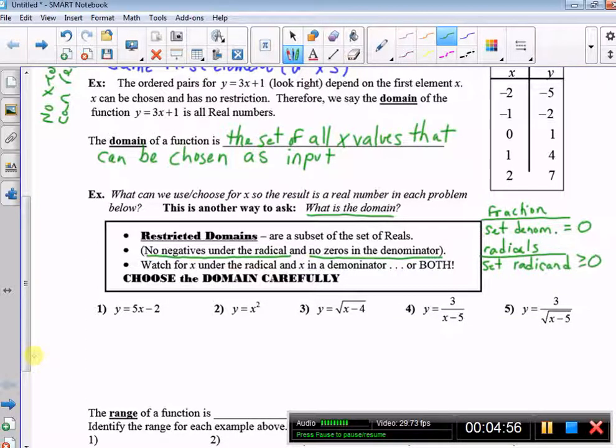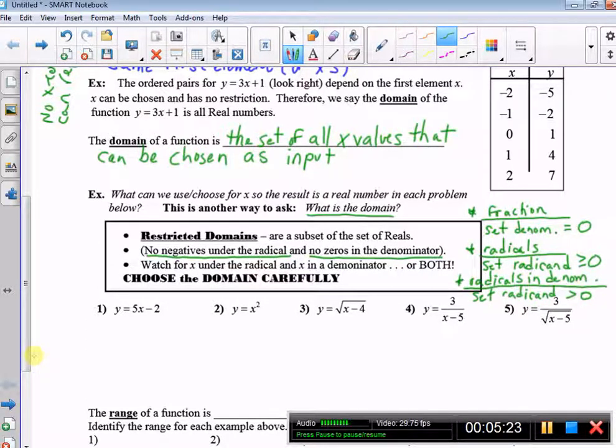And for radicals in the denominator, I set the radicand to greater than 0. Okay, so some things to help you when you're doing these.